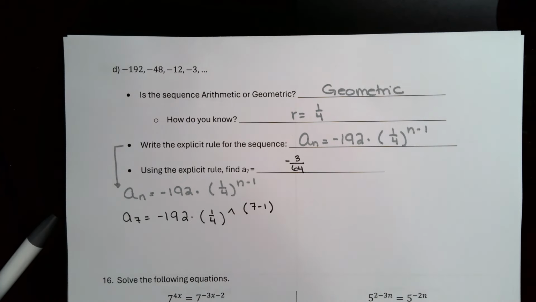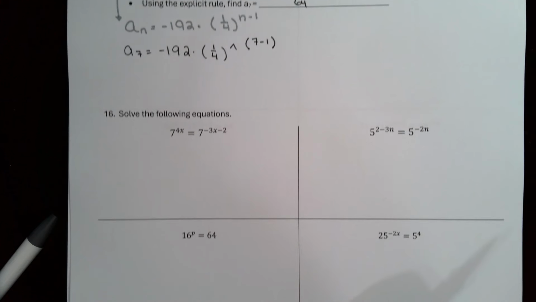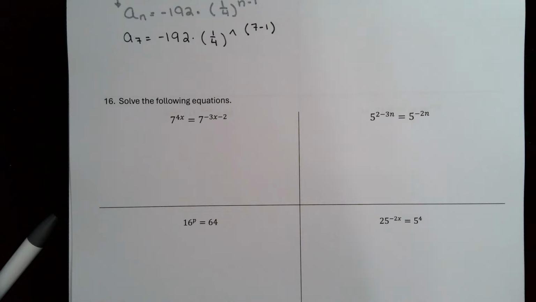Moving to the different question section, this one is asking you to solve these equations. These are going to be using your one-to-one properties and your exponential rules as well.